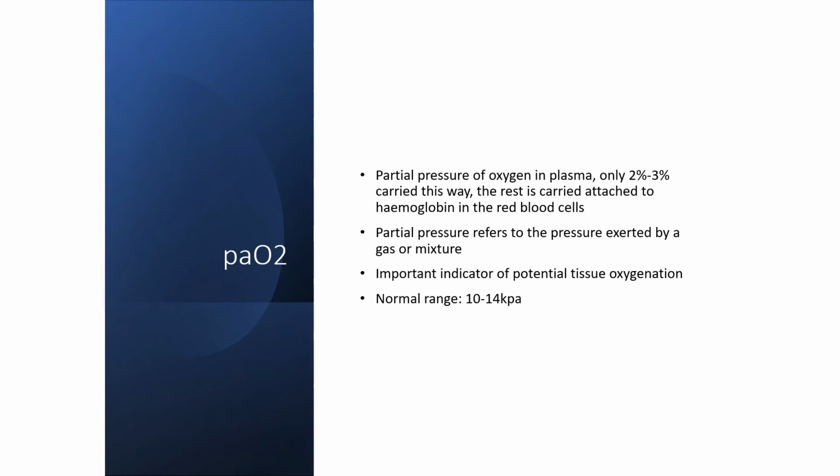Partial pressure of oxygen in plasma, as we've mentioned, this is part of your continuum of movement on a microscopic level in terms of a pressure driven system, but only a very small amount, between 1 and 3 or 2 to 3% I've represented there, combined with plasma. The rest is carried attached to hemoglobin in red blood cells.